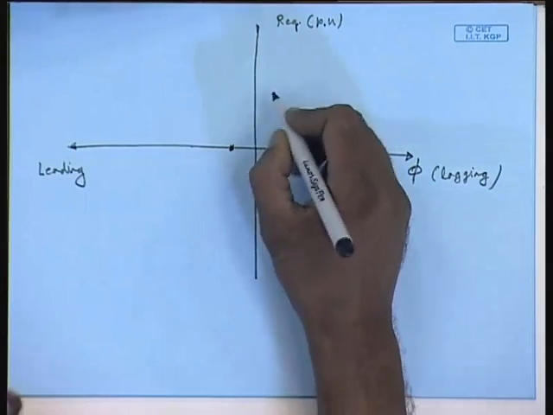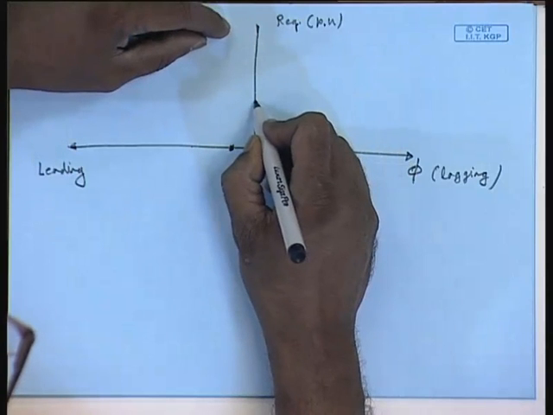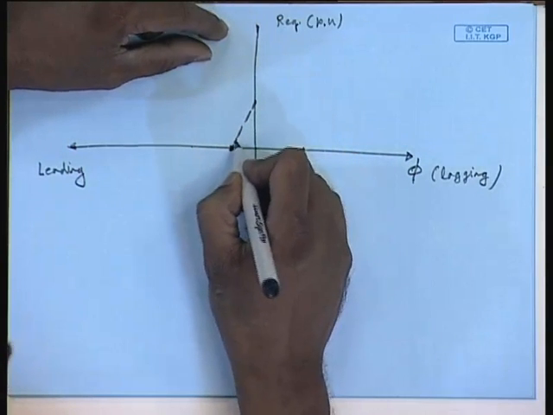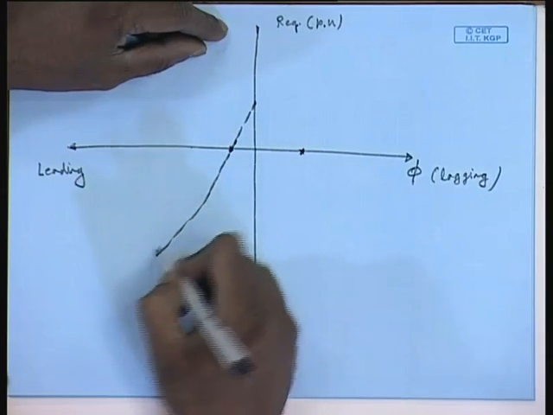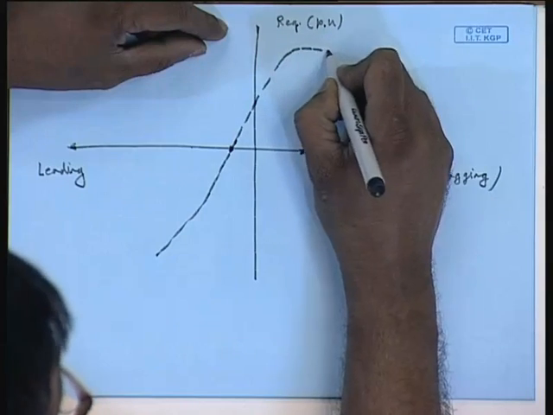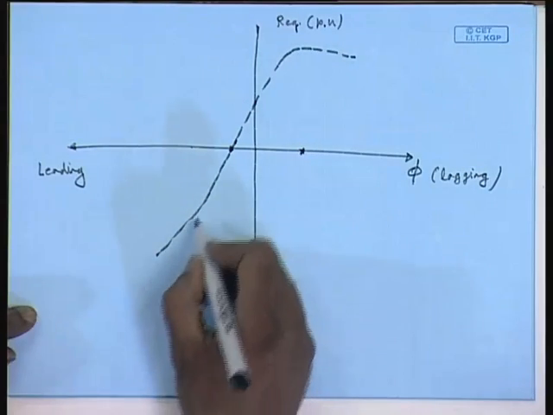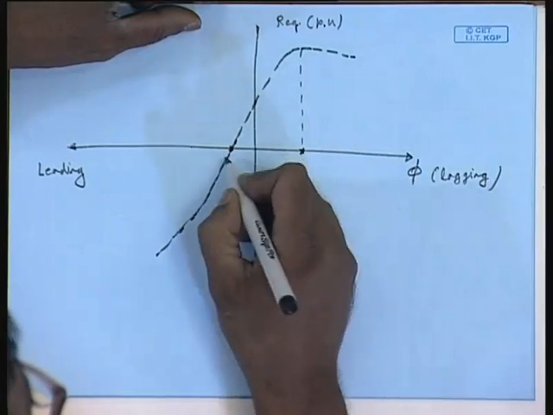So, the percentage regulation, if you draw, appears somewhat like this. At this point it is maximum, at this point it is 0.